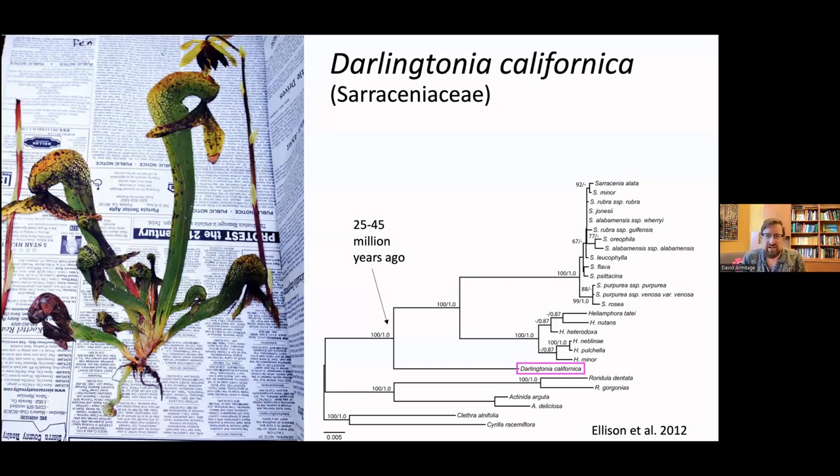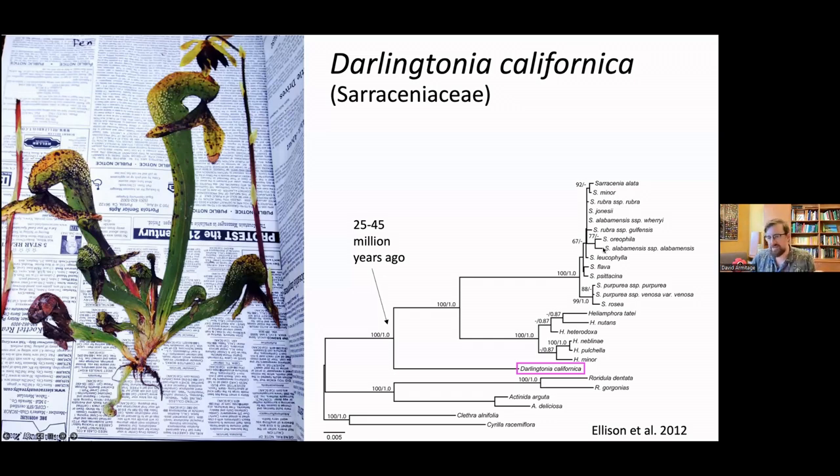So just a background quickly on Darlingtonia. It's in the family Sarraceniaceae. You can see this beautiful phylogenetic tree here with Darlingtonia highlighted down here. You can see that it's kind of an outgroup to the rest of the Sarraceniaceae, so Heliamphora down here, and Sarracenia, the North American pitchers, up here.